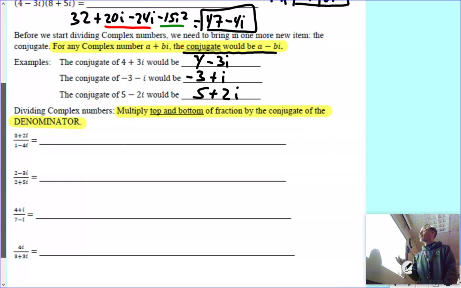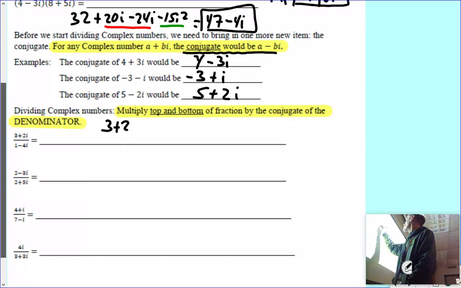So what we do when we have a division question like the next example is we will multiply the top and the bottom of the fraction, both sides, by the conjugate of the denominator. So here's my problem.